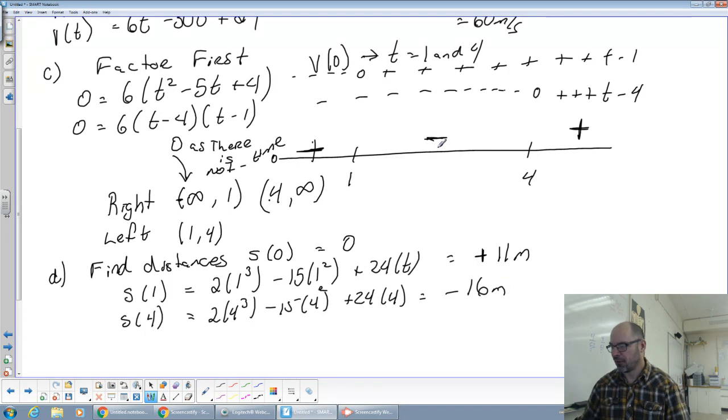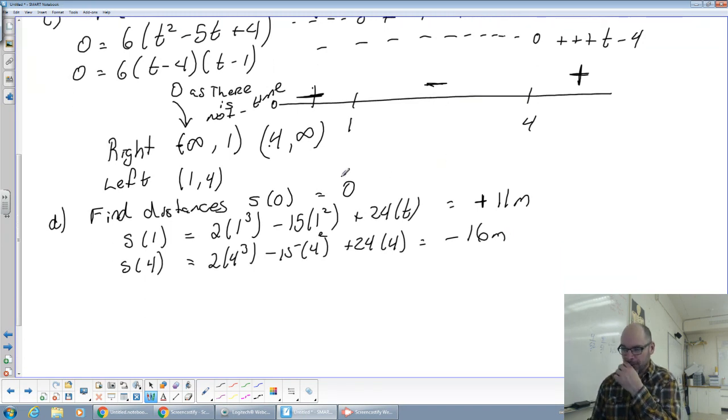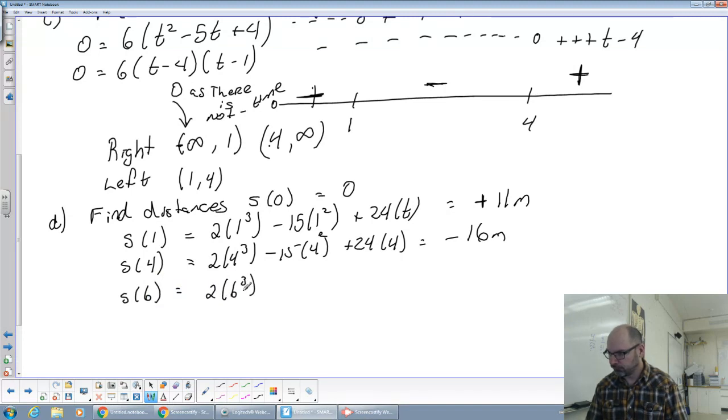So this is why we have to do it this way, because we're finding out where it drove to, what position it stopped at. So we're going to actually figure out the total distance here. And then at 6 seconds, okay, and that one's going to be 36 meters. So this represents positions.